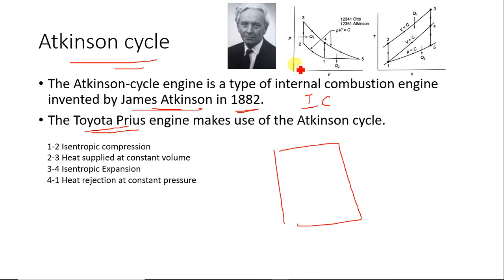So if you observe, here are the processes. 1 to 2 is isentropic compression, then 2 to 3 is constant volume heat addition, then 3 to 5 is isentropic expansion.